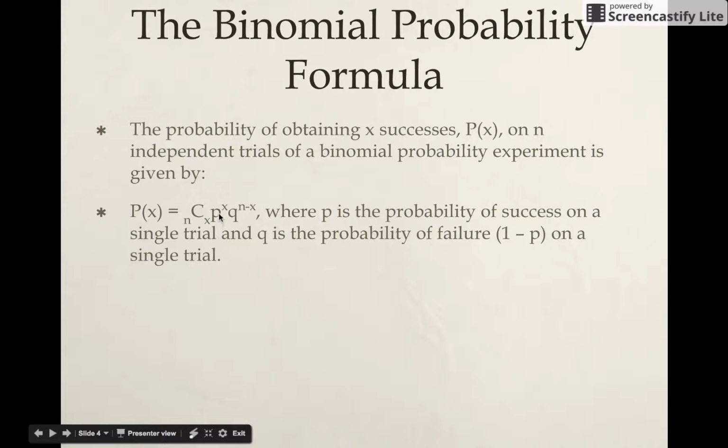And then this is p to the x multiplied by q to the n minus x. In this case, p is representing the probability of success on a single trial, and q is the probability of failure, which will be given by 1 minus p.